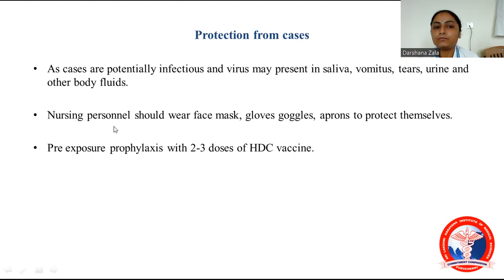Nursing personnel who are at high risk of infection should wear a face mask, gloves, goggles, and apron to protect themselves. Certain cases are potentially infectious, and the virus may be present in saliva, vomitus, tears, urine, and other body fluids.